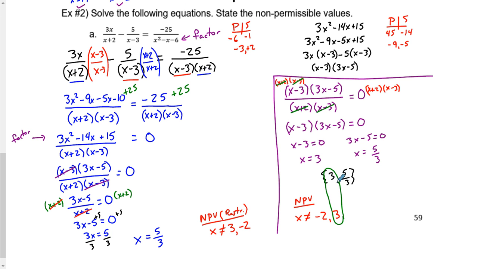You can't say that you have an answer and something that can't be the answer in the same thing. You can't say that 3 is an answer, but yet 3 can't be an answer. It's impossible to have an answer and something that can't be an answer at the same time.